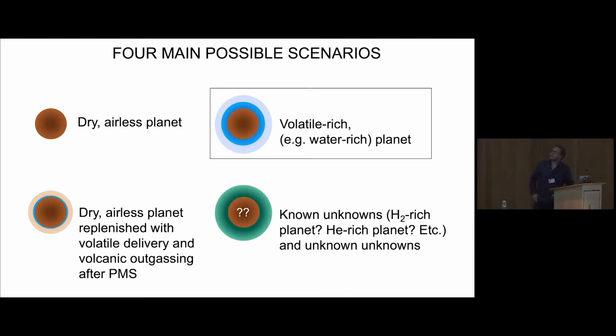And so it's quite hard, based on these four different scenarios, to imagine how we can use our climate models to learn more about what this object could really look like. Because of these scenarios, especially the dry airless planets replenished by volatiles and the volatile-rich scenario, both could lead you to very different kinds of states.